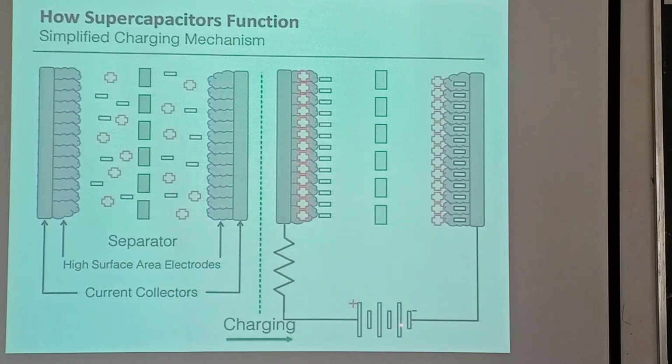When we connect a potential difference between these two plates, positive potential is applied to this electrode and negative potential is applied to the other. Then the positive electrode attracts negative ions from the electrolyte, and the negative electrode attracts the positive ions from the electrolyte. So here the double layer forms. So it is known as an electric double layer capacitor.